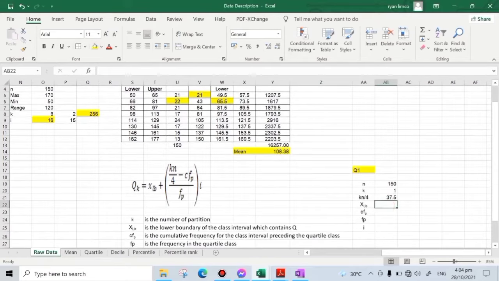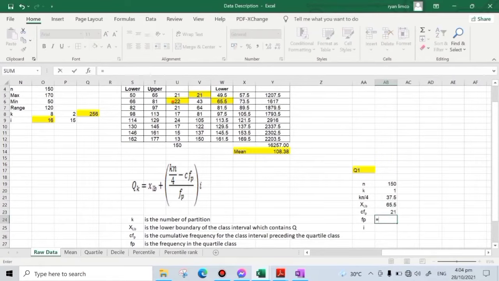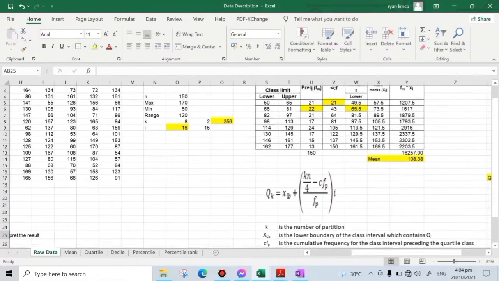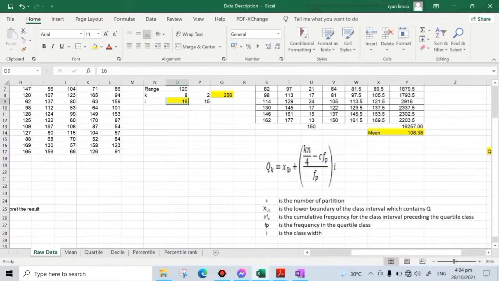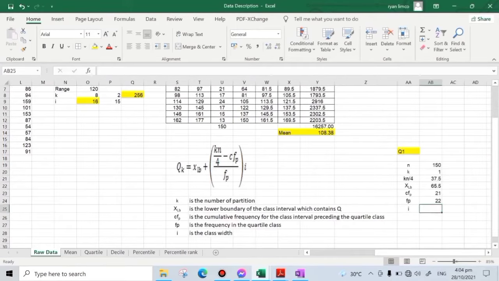So, for the XLB, ito po yung XLB natin. And for the CF, ito yun. And for the frequency, ito yun. And for the interval, babalikan natin yung interval natin kanina. So, we have here 16.